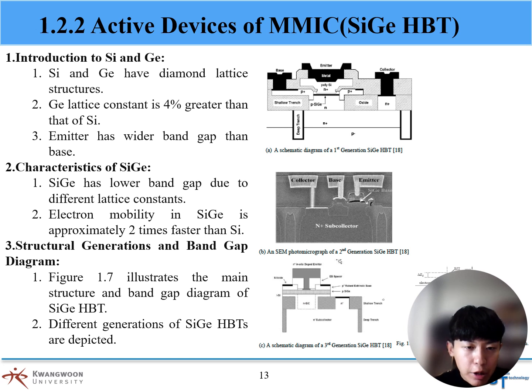Next is the characteristics of SiGe. SiGe has a lower bandgap due to different lattice constraints. The electron mobility in SiGe is approximately 2 times faster than Si. And figure 1.7 illustrates the main structure and bandgap diagram of SiGe HBT.